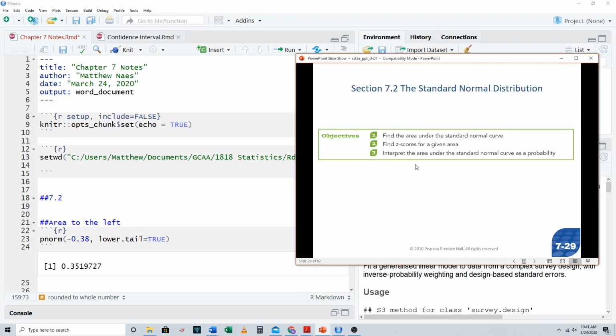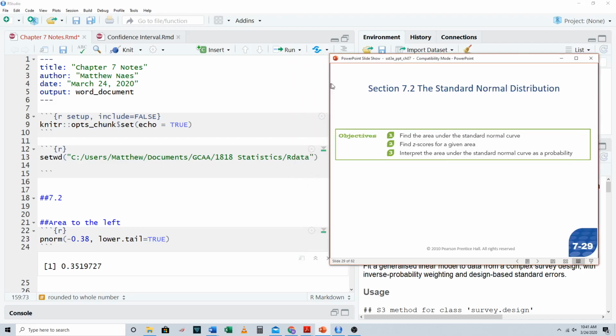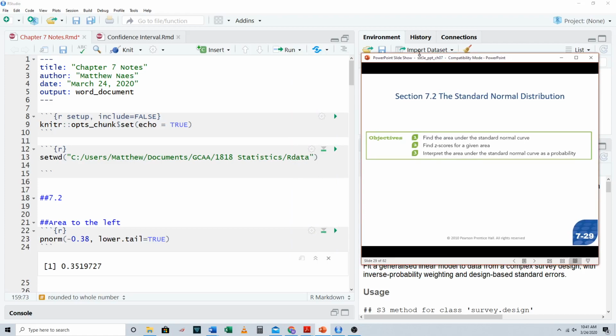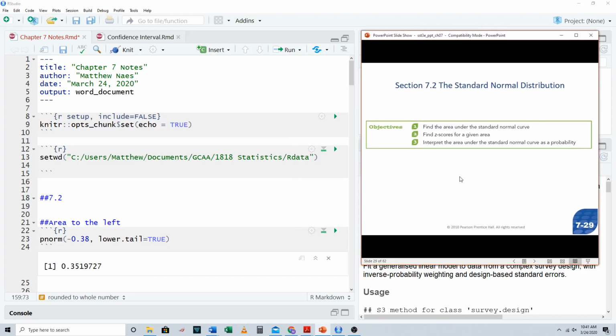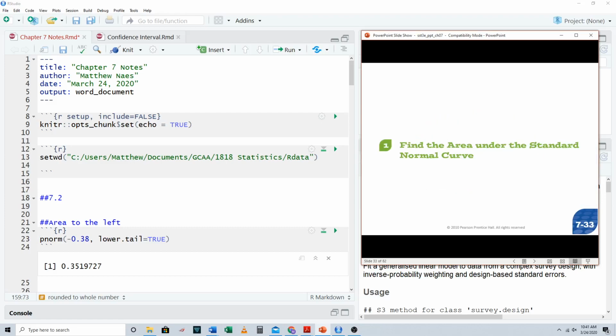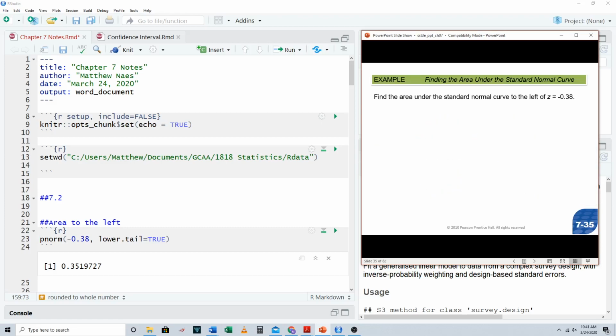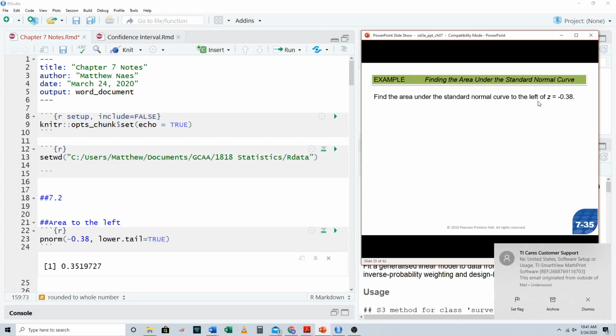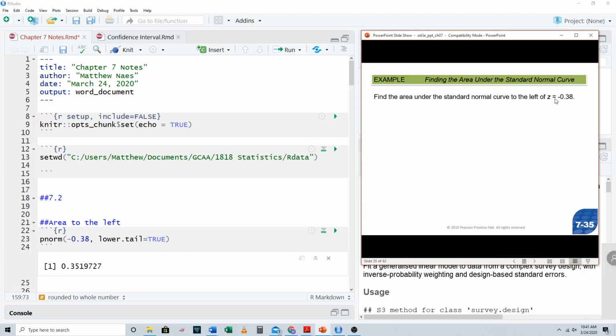It's a little smaller so it fits, maybe a little taller. So here we have where we started, and we are given this question: find the area under the standard normal curve to the left of z equals negative 0.38.